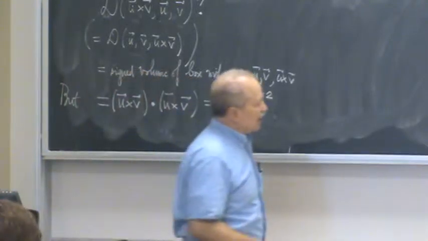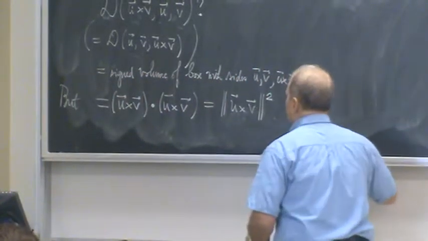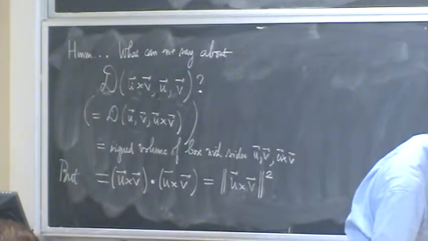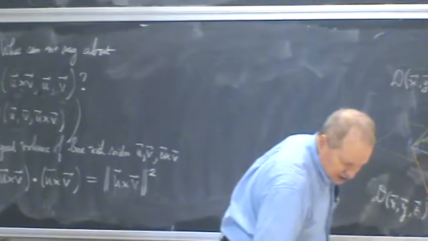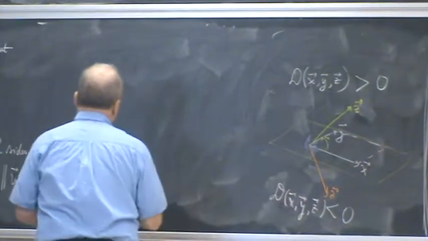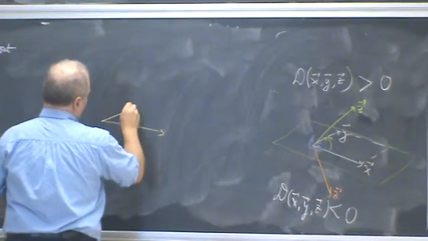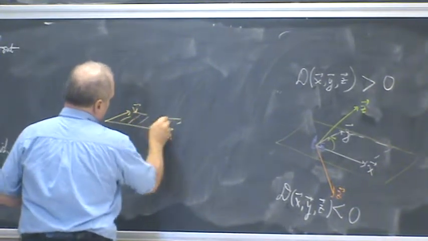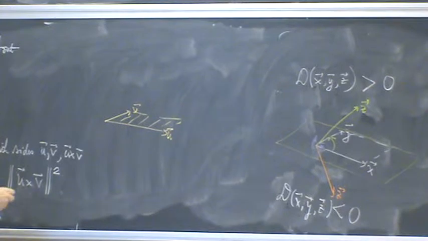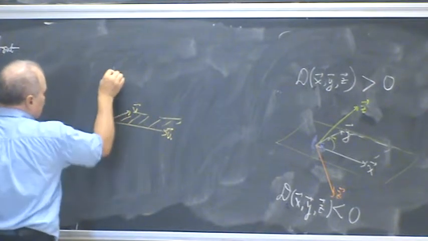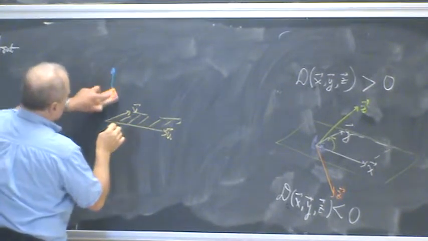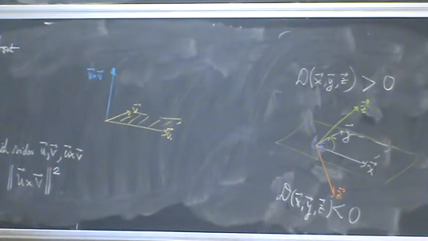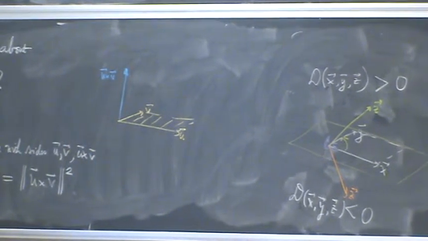So what have I got? I'm going to draw the picture again for convenience. I've got a box with a base made by u and v, and then u cross v we already said was orthogonal to the plane of the box, of the parallelogram.